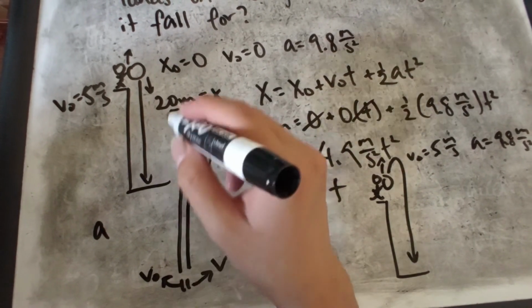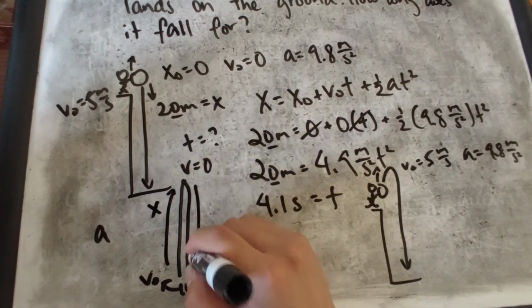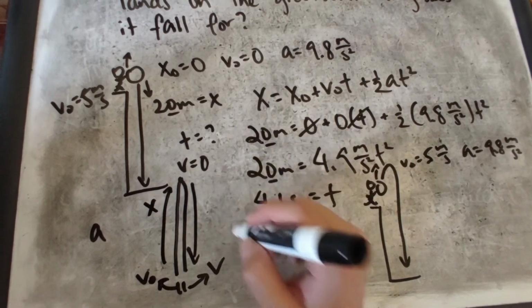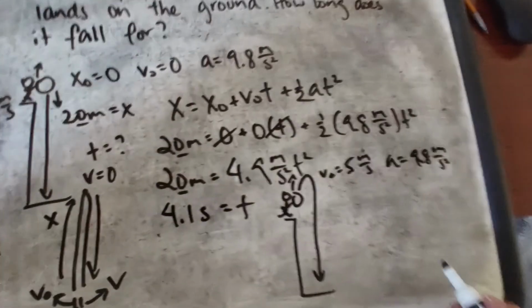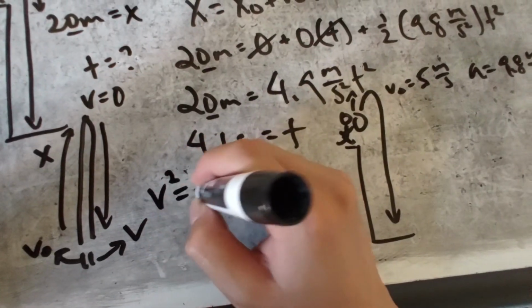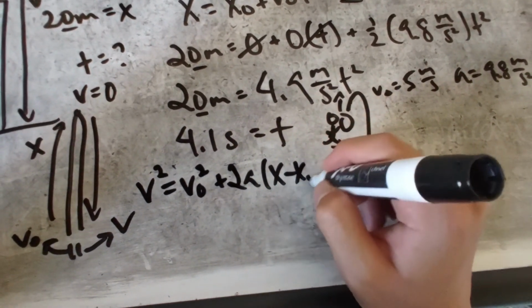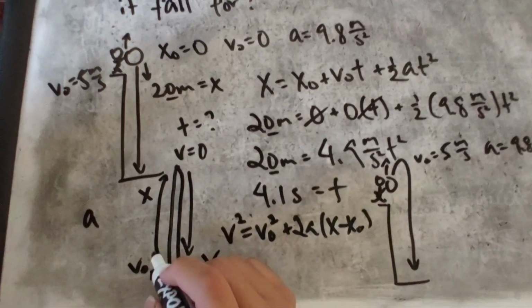And when you throw it up and back down, the distance, or displacement, traveled up is the same as the distance traveled down. The time it goes up is the same as the time going down. So the other kinematic equation used is v squared equals v naught squared plus 2a times x minus x naught, where x is total displacement.